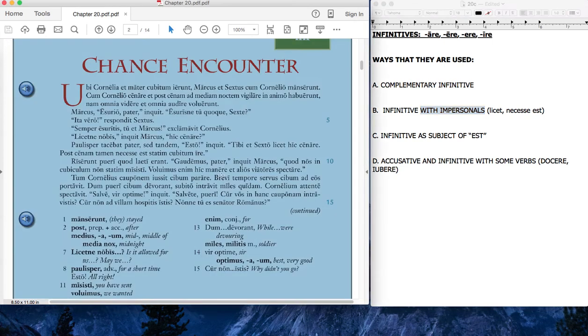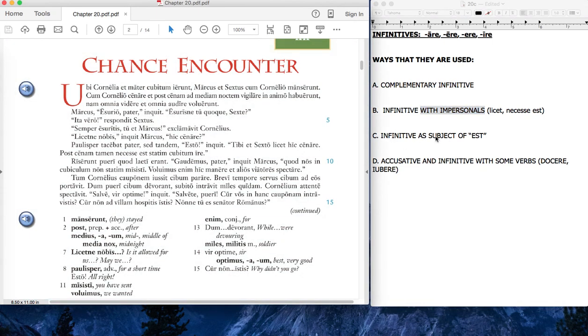Let's see if I can find one more, to do at least this infinitive as the subject of est here. There are other infinitives. You can see them here. There's spectare here. There's parare here. Actually, this one is an example of letter D over here. So let's look at that. Accusative and infinitive with some verbs. So you saw that the verbs we were looking for were docere and iubere. And we see a form of iubere, which is iussit. Iussit is perfect tense of iubere, to order.